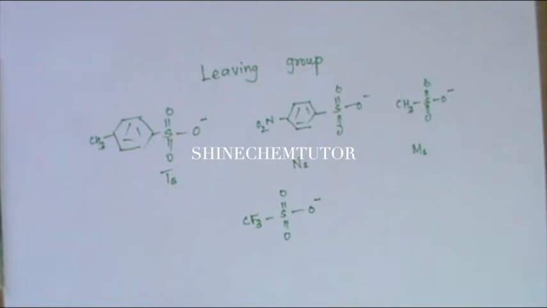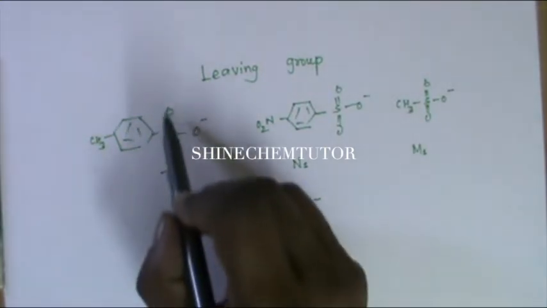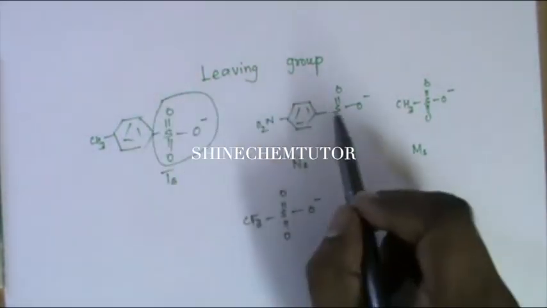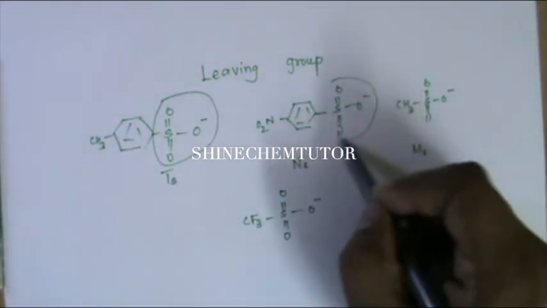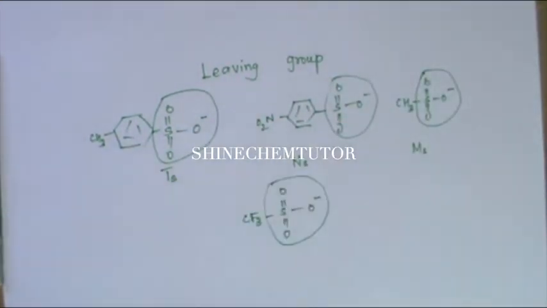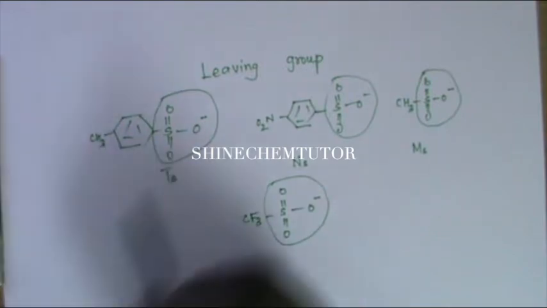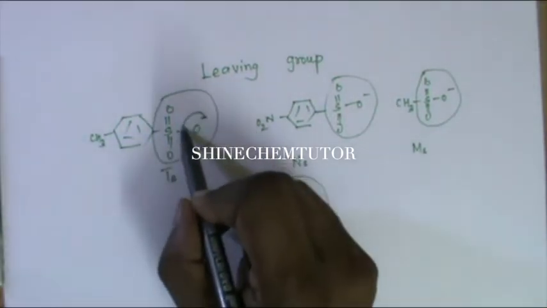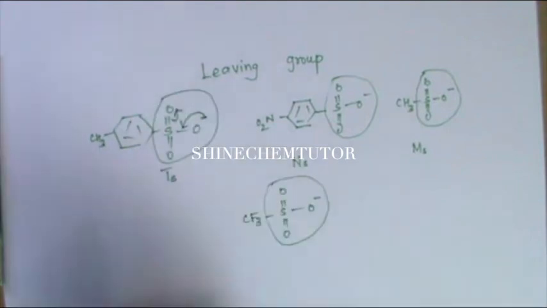O minus. If you look at this, we have sulfonate in all the 4 leaving groups. After that, it is attached with some group. These groups can be easily replaced by a nucleophile, because once it has left the organic molecule, this minus charge can delocalize over this oxygen atom.